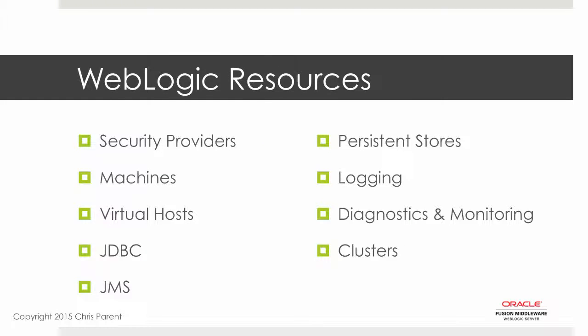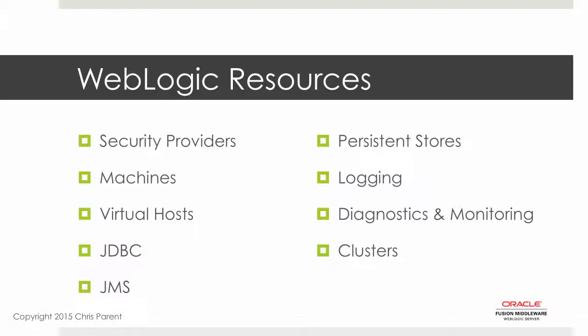Aside from servers, domains also contain resources and services. Some of these are used by managed servers and some by the application itself. An administrator can define some of these resources and deploy them to WebLogic servers within the domain. For managed servers, you can define such resources as machine definitions, which identify an association between a managed server and a physical or virtual host.